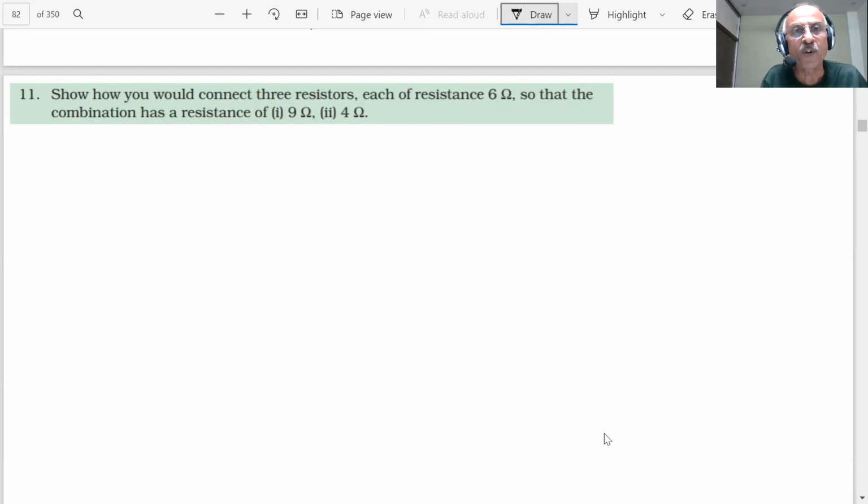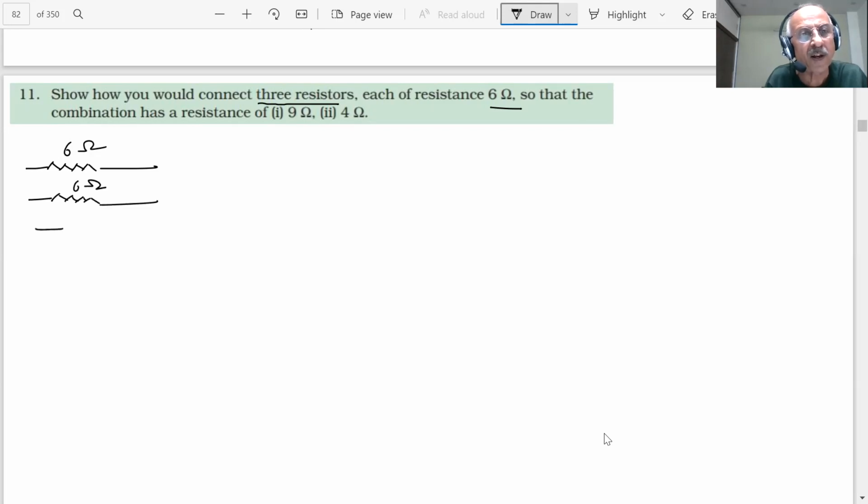Show how you would connect 3 resistors, each of resistance 6 ohms, so that the combination has a resistance of 9 ohms and 4 ohms. So students, you are given 3 resistors, 6 ohms, 6 ohms and 6 ohms.